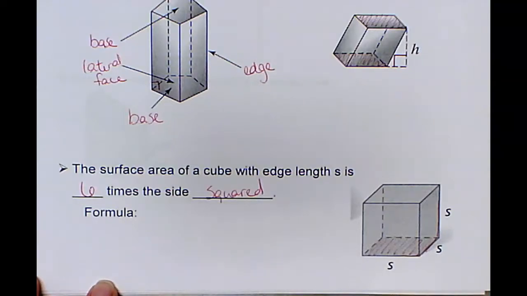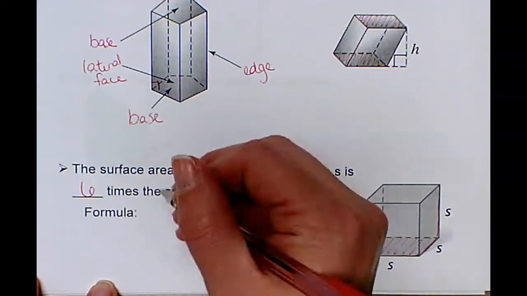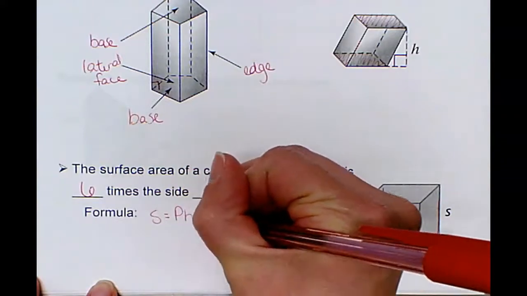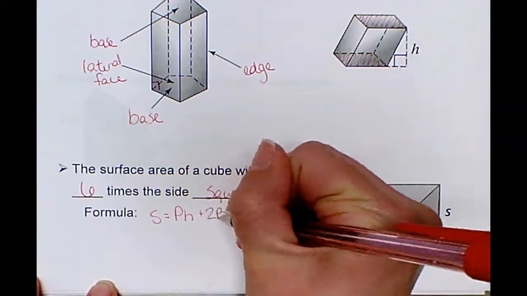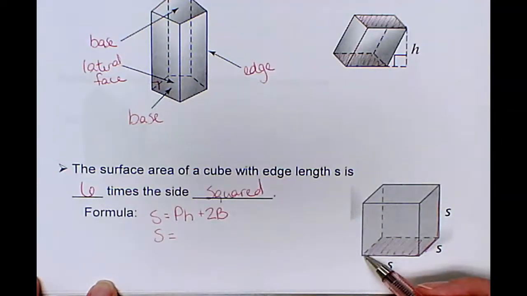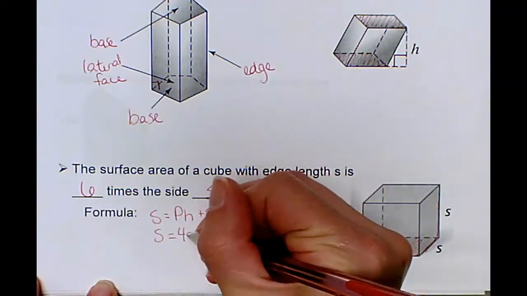Now in a cube, it really doesn't matter what the base is and what the lateral faces are, because you can kind of roll it over and it looks the same no matter what orientation you have. So the surface area formula is the perimeter of the base times the height, plus 2 times the area of the base. Well, it just so happens that the perimeter of the base is side plus side plus side plus side, so 4S.